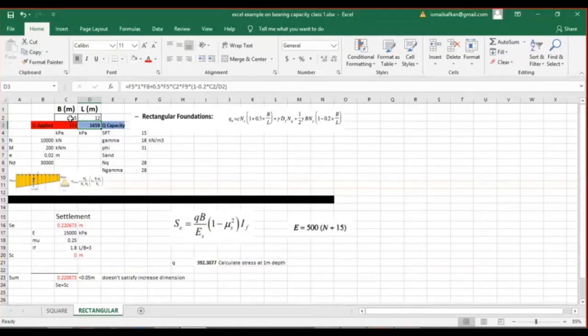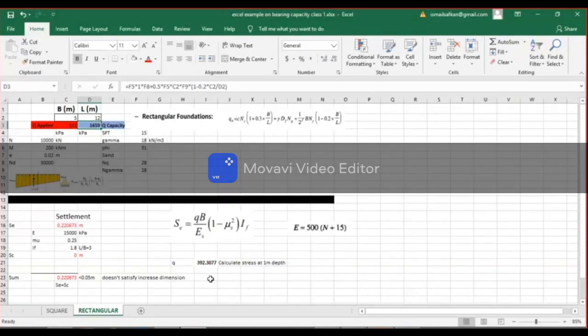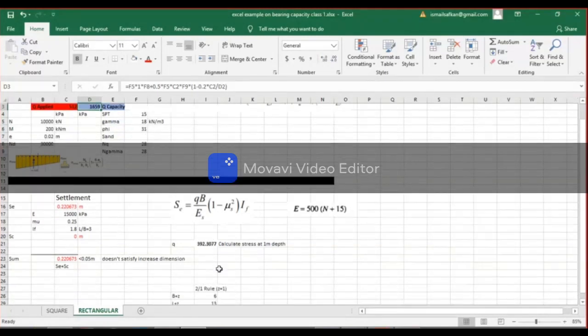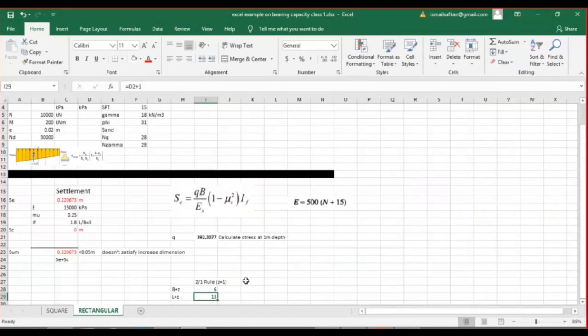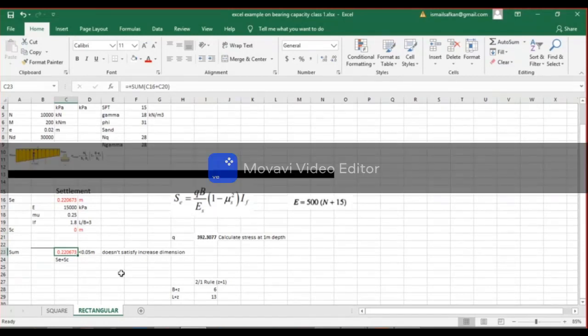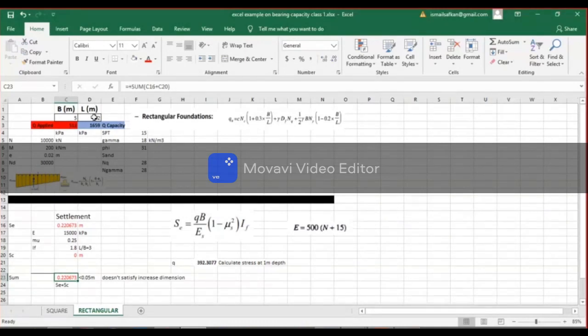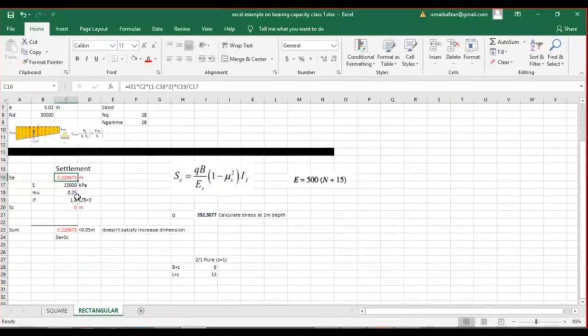So it became 6 by 13. Just because I gave you too big a value initially in actual force N, the settlement is too much here. Okay, don't get confused with the values, but just understand how changing B and L changes the result. Okay, any other question?